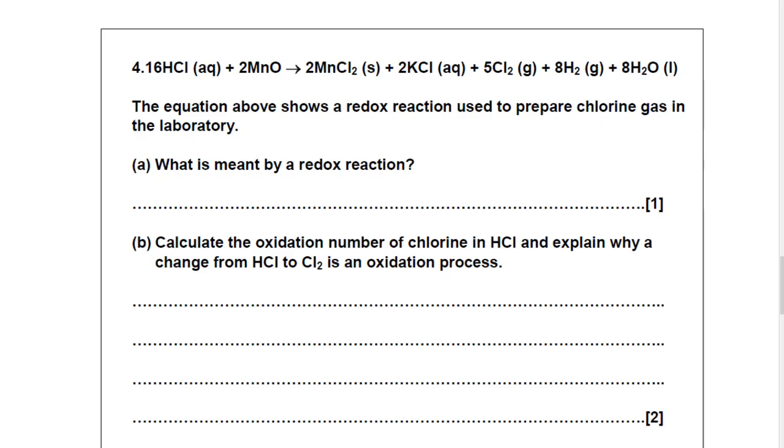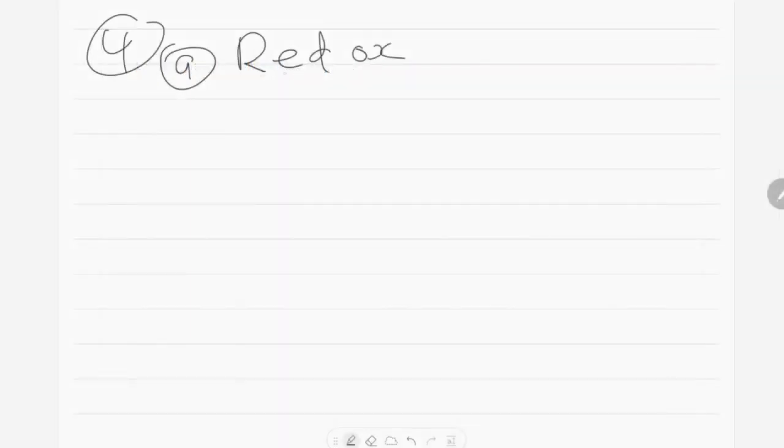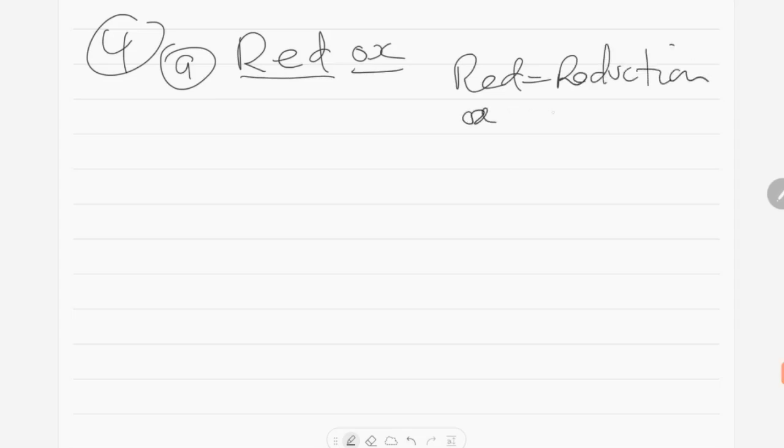What is meant by the term redox? Just like the word redox, it carries with it 2 words. There's red and ox. This word red is from the word reduction, and ox is from the word oxidation.